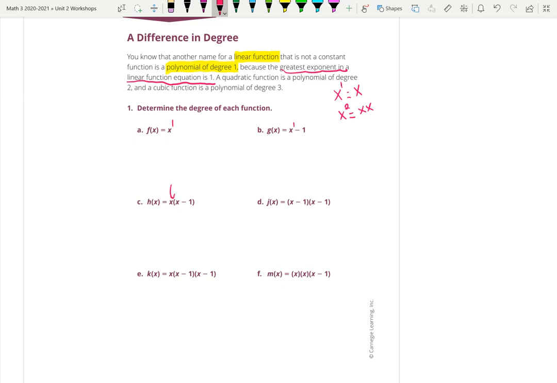The reason why it's not here is all x's are assumed to have the degree of 1. So A, this function f of x is a degree 1. Here, this is a degree 1 as well. And since they are degree 1, I can then say without graphing that this is going to be linear.